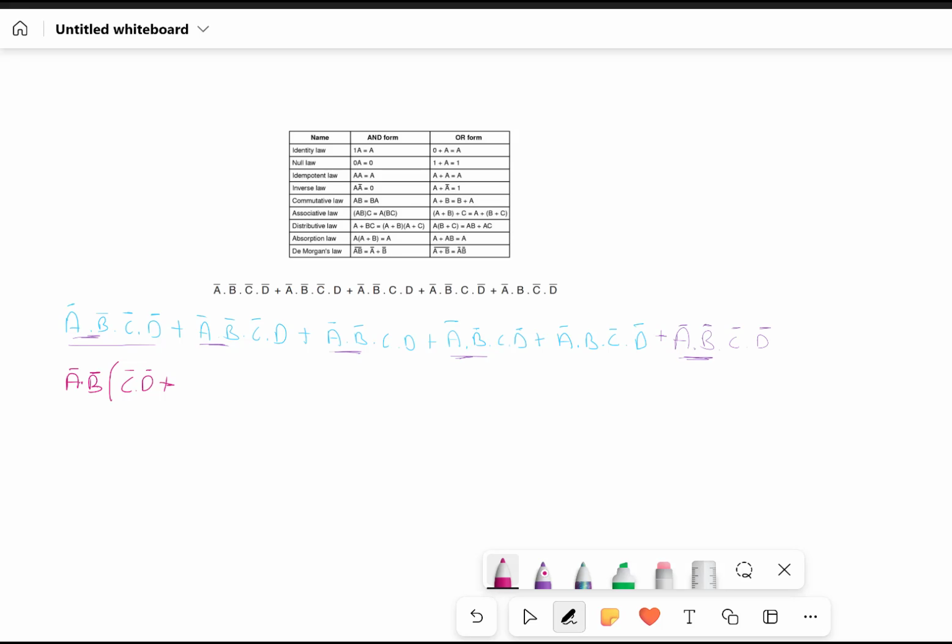Or on this side, not C and D, or C and D, or C not D, or that, I think that's it. I don't need to include this one over here because we've got it here. So that would be it.